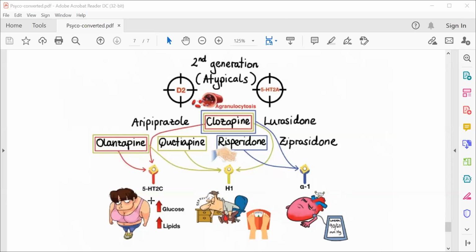The binding affinity of the second generation antipsychotics to these receptors, alpha-1, H1, and other receptors, is generally less than the first generation, which means less side effects. So the side effects are still there, but clearly less compared to the first generation antipsychotics. Okay?